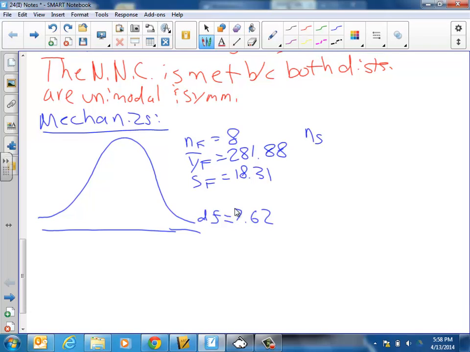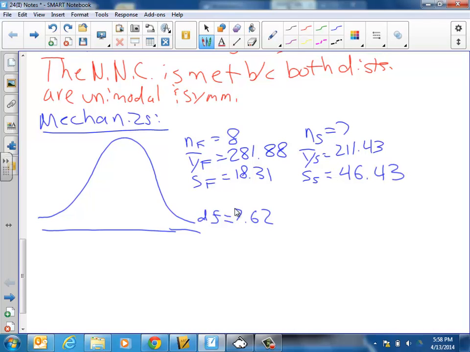Okay, sample size for the stranger's sample was 7. That mean was equal to 211.43, and that sample standard deviation was, oh, I got a spider on my wall, 46.43.